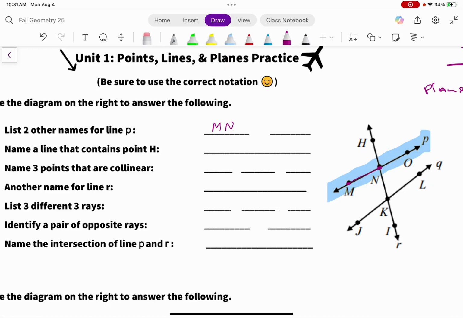But remember, it says line. A line has double arrows, so that means I'm going to put double arrows here, okay? Now, you can always flip these 2 points, and then it gives you NM, and now you have another way to name that line, okay? Because now it's including the arrows that are involved here, okay?